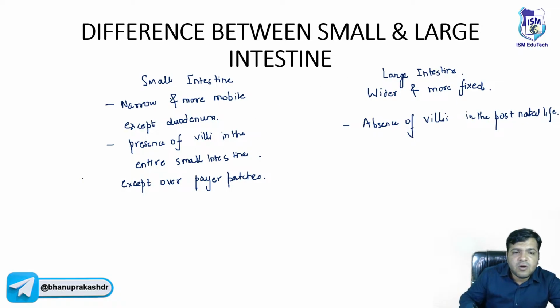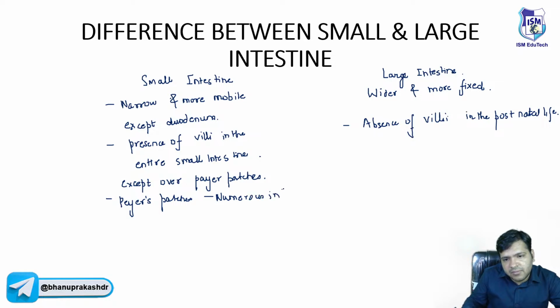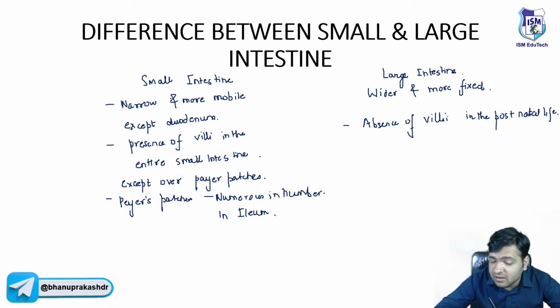Remember, beta, you already know the Peyer's patches are lymphoid follicles, and these are numerous in number in the ileum, along the anti-mesenteric border.